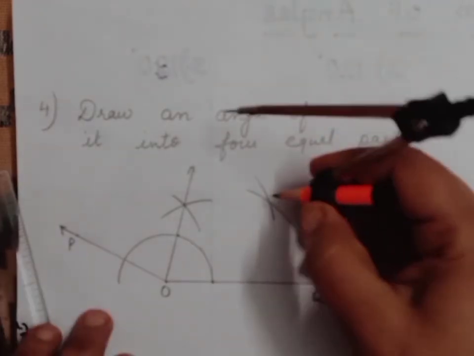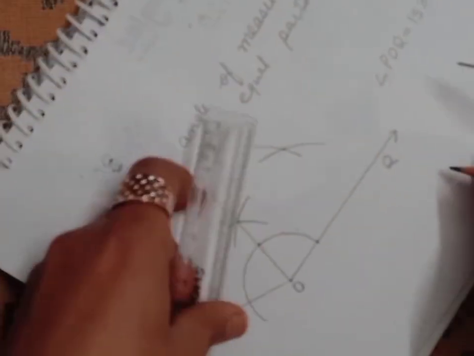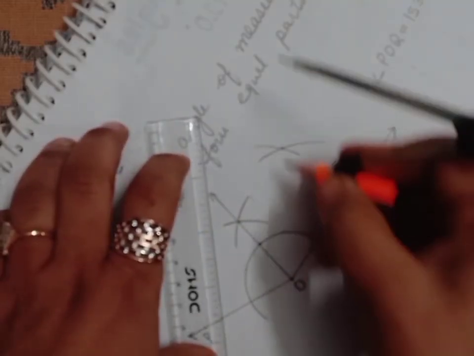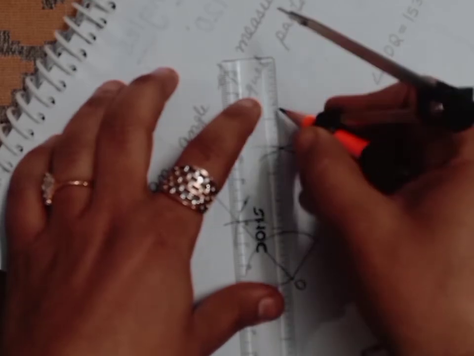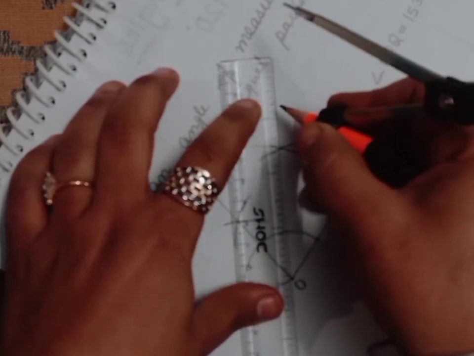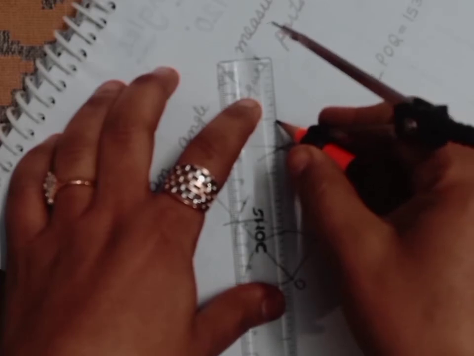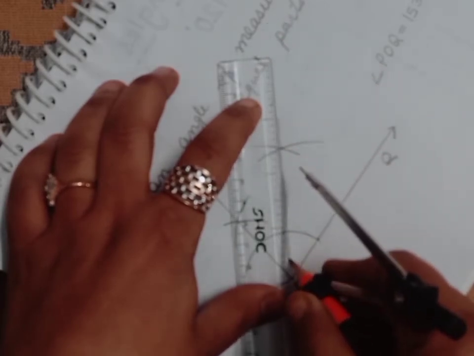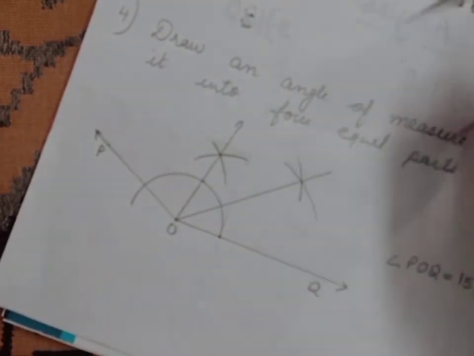Now my first half is also divided into 2 equal halves. Join this point and this point carefully. Now in the first half I got 2 equal parts.